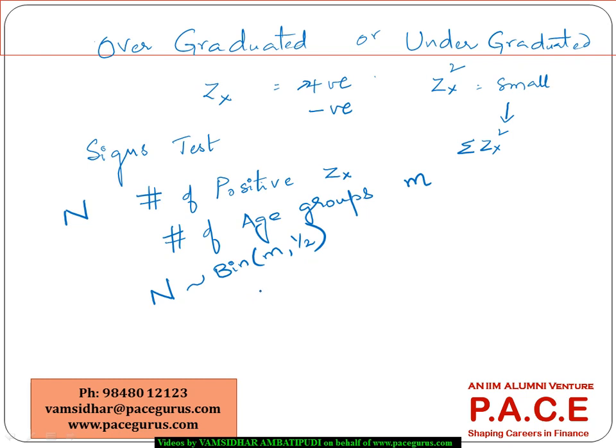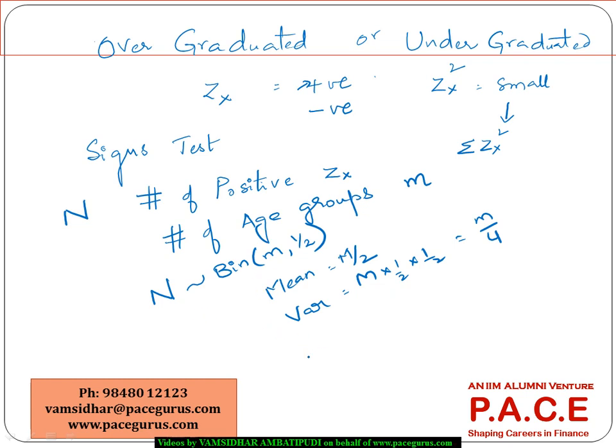And of course we can find the mean. What is the mean of this binomial distribution? m by 2, and the variance is m into 1 by 2 into 1 by 2, which is m by 4. So we can very well find the mean and the variance for this.